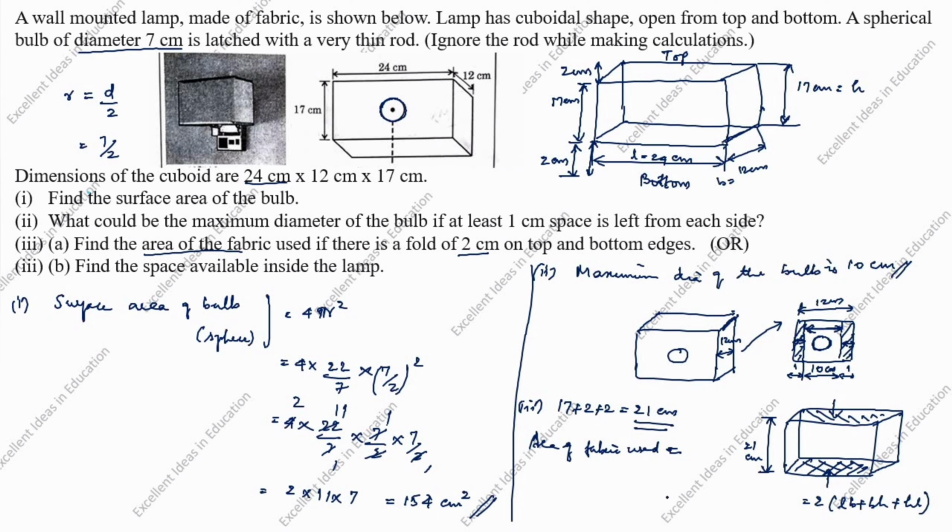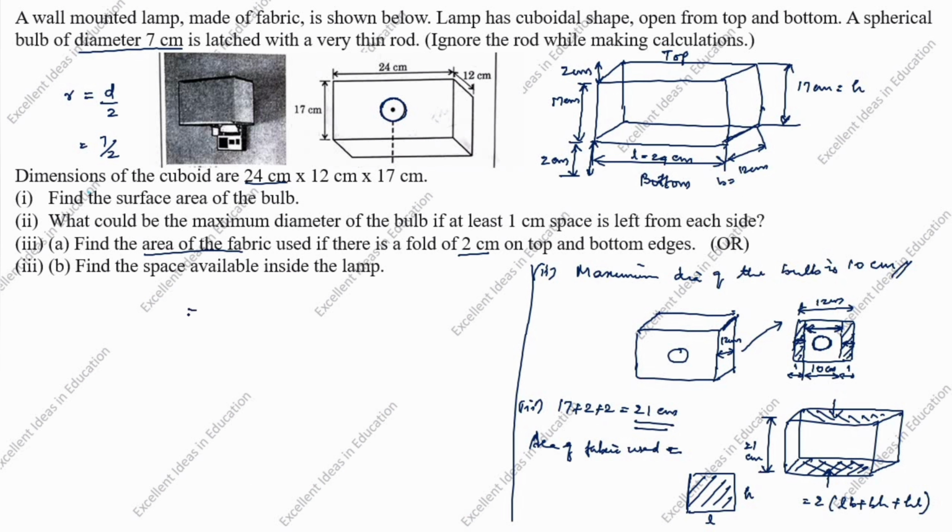We will take this portion. This is the front side and back side. So front side, this is length, this is height. You see the drawing, here is length, here is height. Now I will write the formula: LH plus LH. Top side, you can neglect this one. Side, this side. I will draw the drawing here.